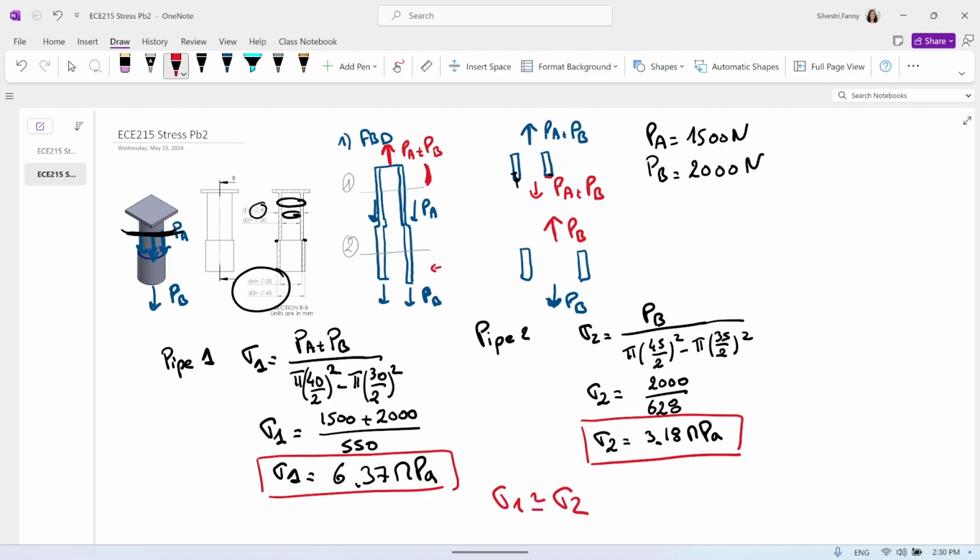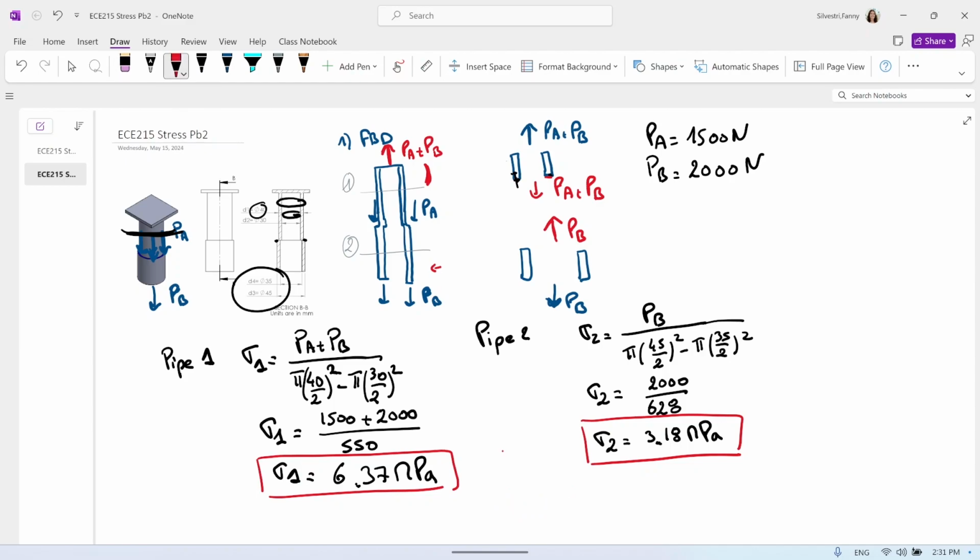So we will need to adjust the size of the pipes. Maybe the first pipe is a little bit thicker and the second pipe is a little bit thinner. So at the end, we can use the same material for both pipes and get the same stresses all the way over the system. Right now, the upper pipe is submitted to twice the stress of the bottom pipe.